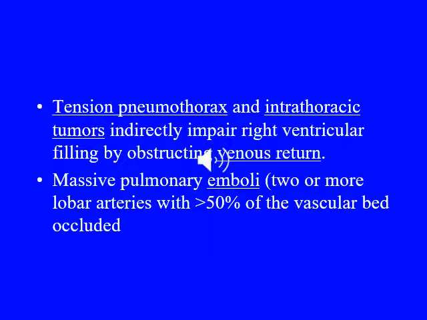Also, massive pulmonary embolism obstructing more than 50% of the pulmonary vascular bed will obstruct the flow in the cardiovascular circulation. All of these etiologies will stop or significantly decrease the flow of the blood in the cardiovascular circuit, leading to inadequate tissue perfusion and shock stage.